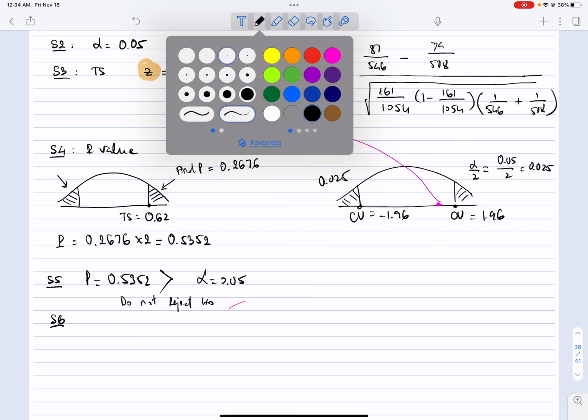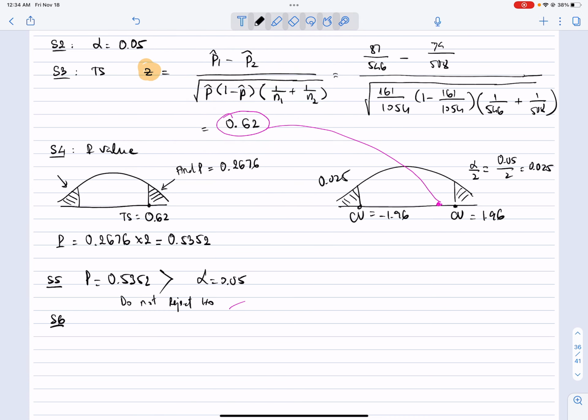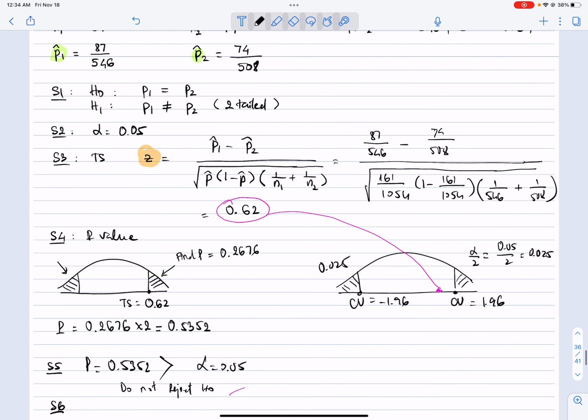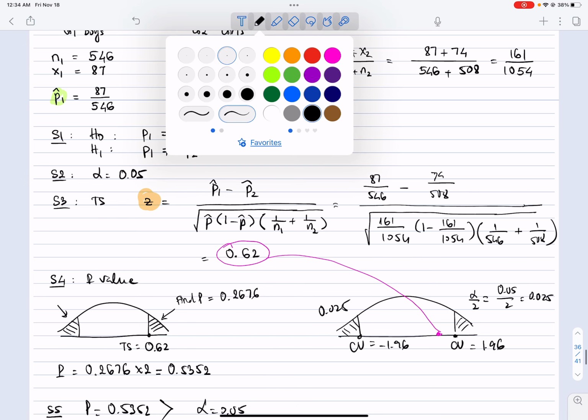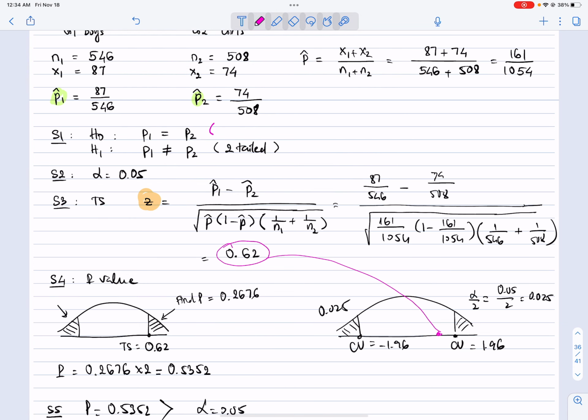Now to answer step number 6, before we answer step number 6, we go back to step 1 and write down what it means. This means the proportions are the same. That means the boys and the girls, they are overweight the same. It doesn't matter the gender. And this means they are different.